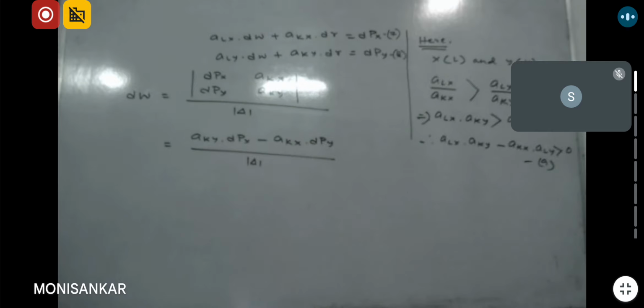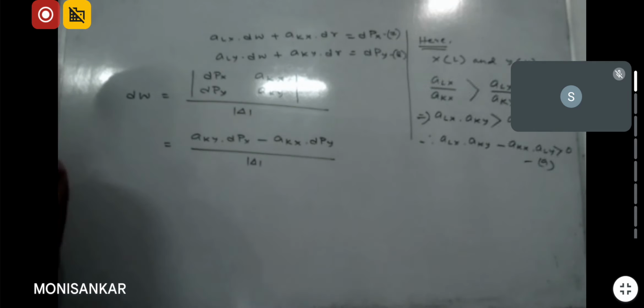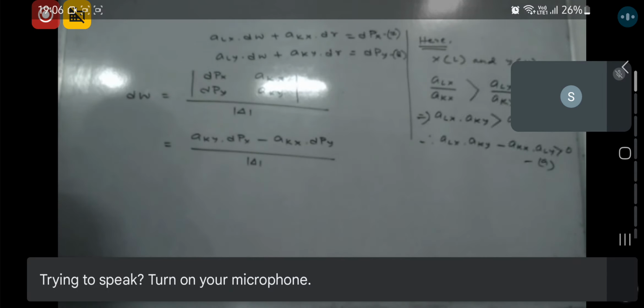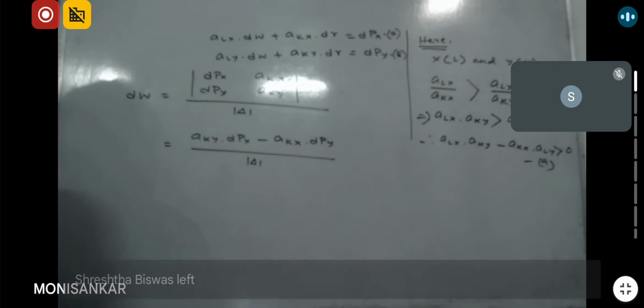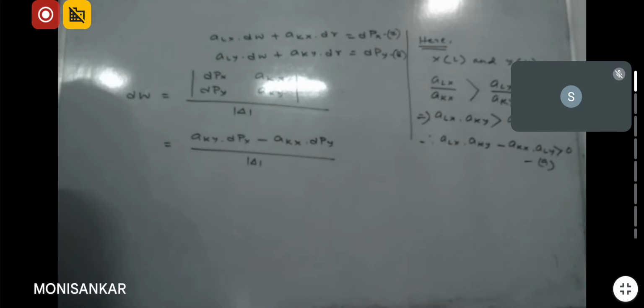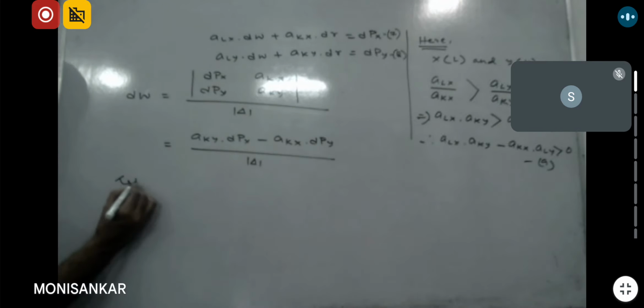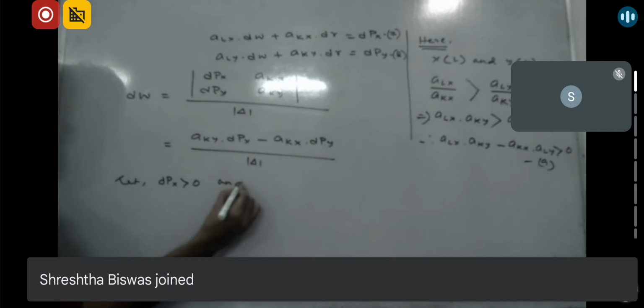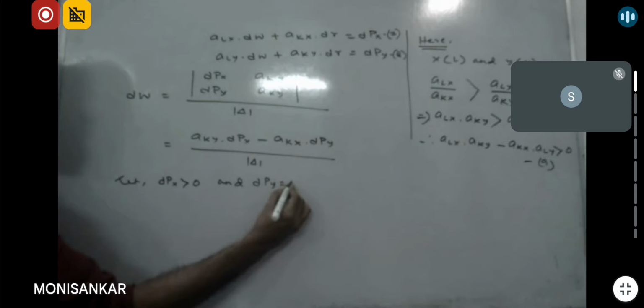Just for simplicity, basically we know when country one is exporter of X, that is X is labor intensive, country one is labor abundant, then Tx will increase. Let dpx be greater than 0 and dpy equals 0.